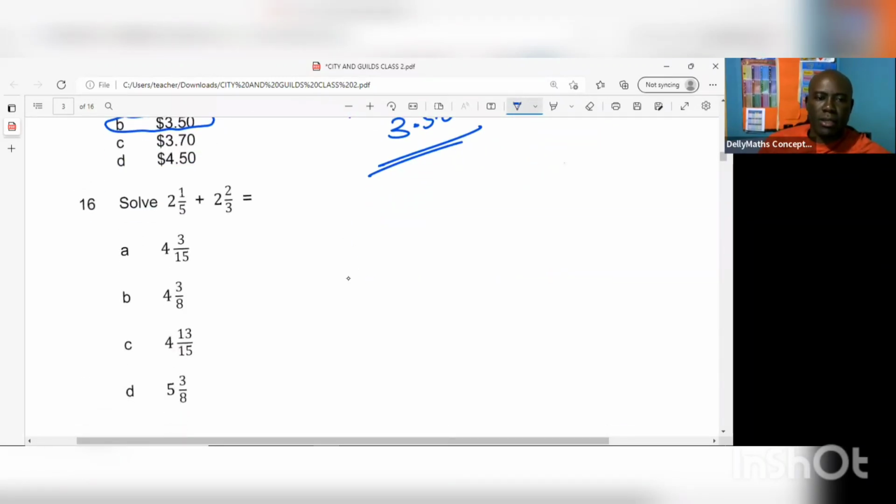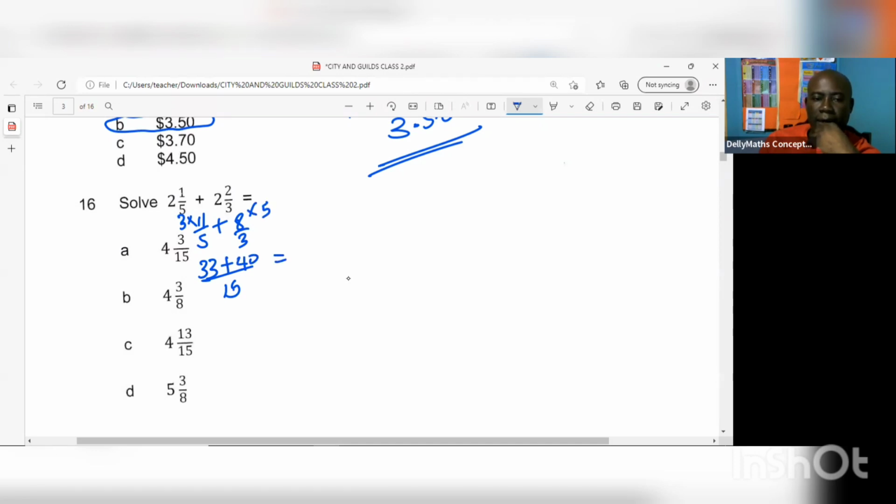Solve this. So we want to solve that. This is actually 2 and 2 fifths: 2 times 5 is 10, and 1. That's 11 over 5 plus 8 over 3, 15. 3 times 11, 33 plus 3 into 15, 5, times 8, that's 40.